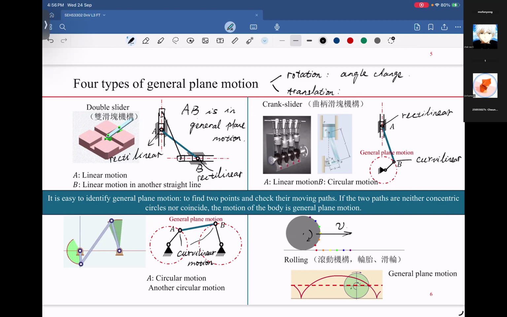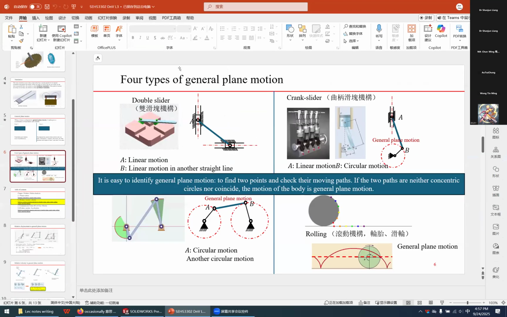The animations, we can find them here. Let's look at those animations.